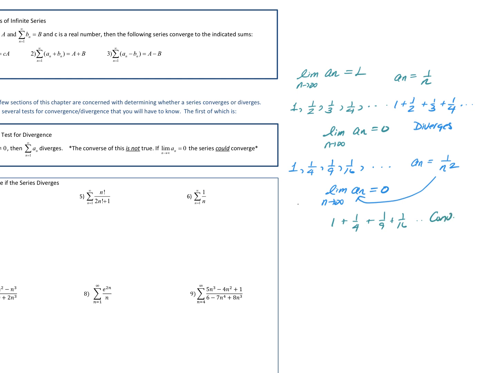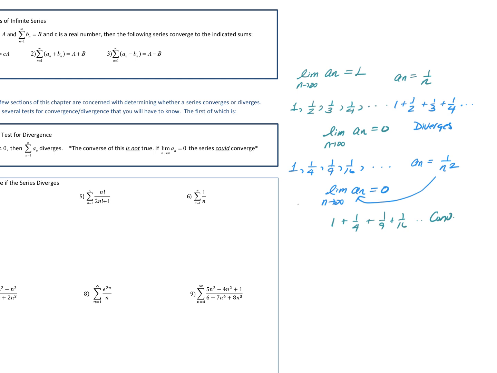So even though they both go to 0 for the sequence part of it, when I sum them up, one converges and one diverges. And that's the idea of the divergence test. Just because the sequence goes to 0 does not mean that the series will converge. It just means it may converge.